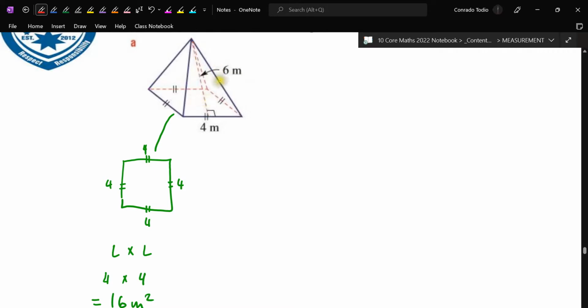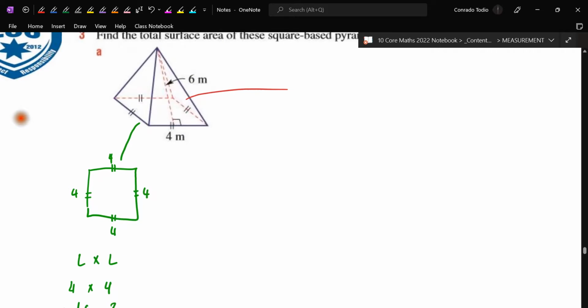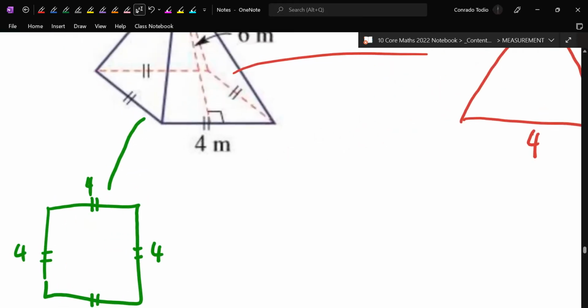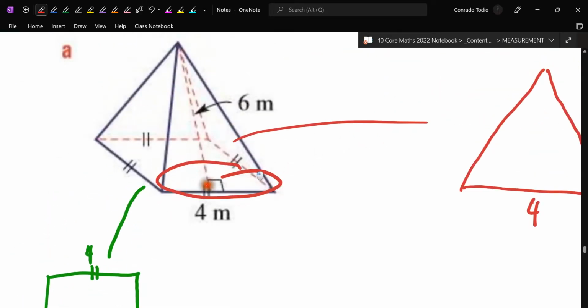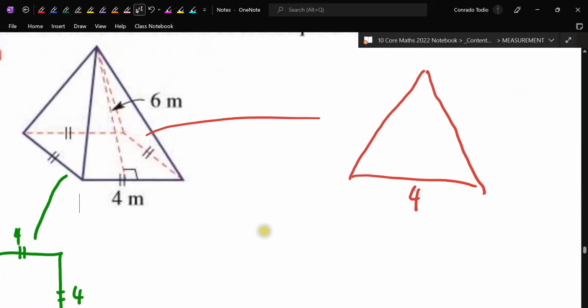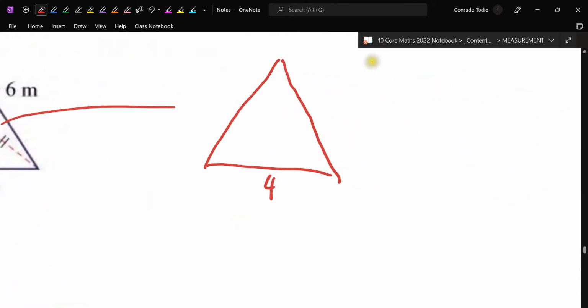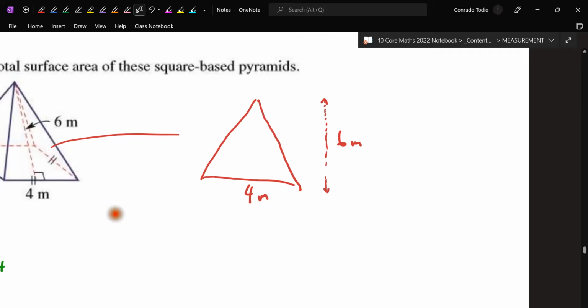So if I was to find the area of this, you've got a triangle that looks like that. It's got a base of 4 because, again, the base here corresponds to that triangle's base. So that's got a base of 4 and a height of 6. I might just draw the height like this. So 4 meters and 6 meters.